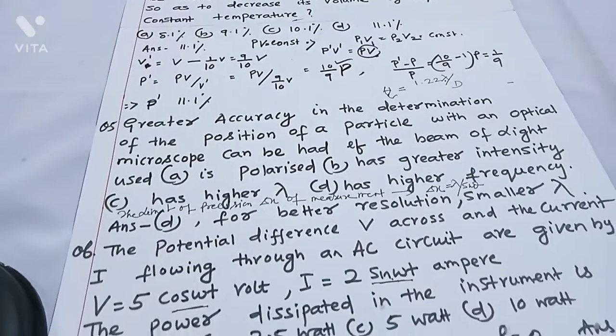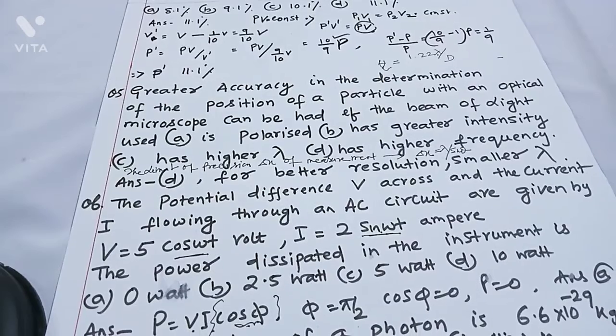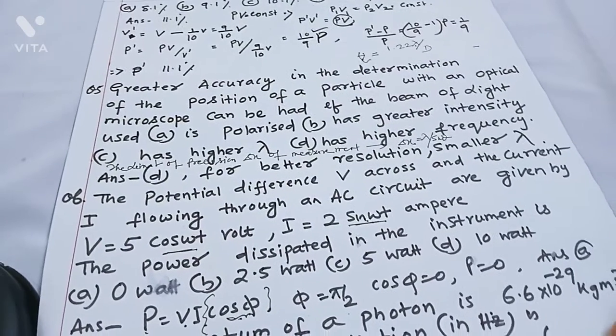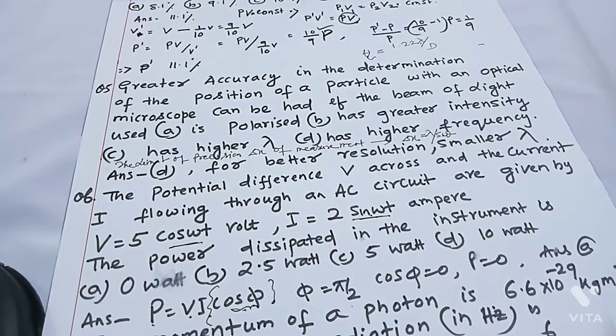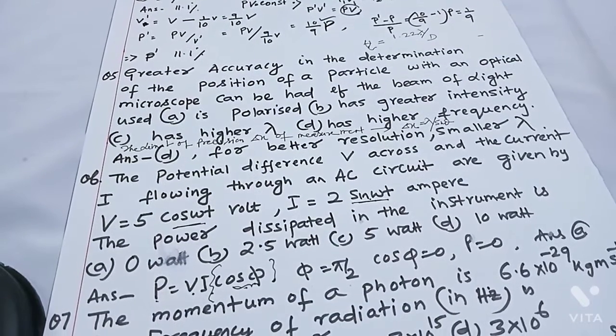Next question: the potential difference V across and the current I flowing through an AC circuit are given by V equal to 5 cos omega t volt, I equal to 2 sin omega t ampere. The power dissipated in the instrument is 0 watt, 2.5 watt, 5 watt, or 10 watt.